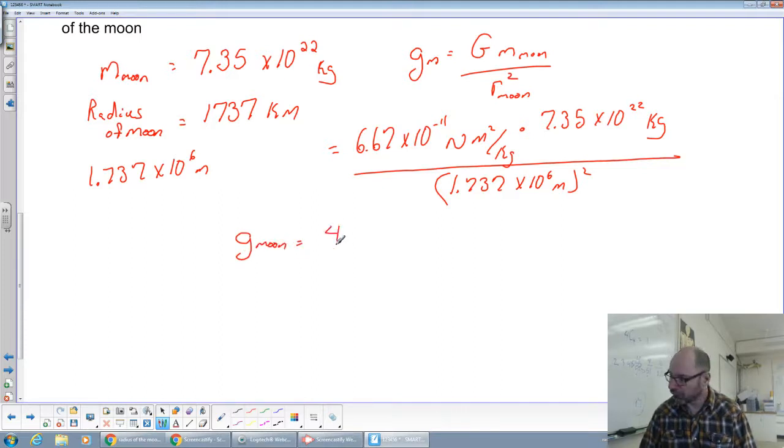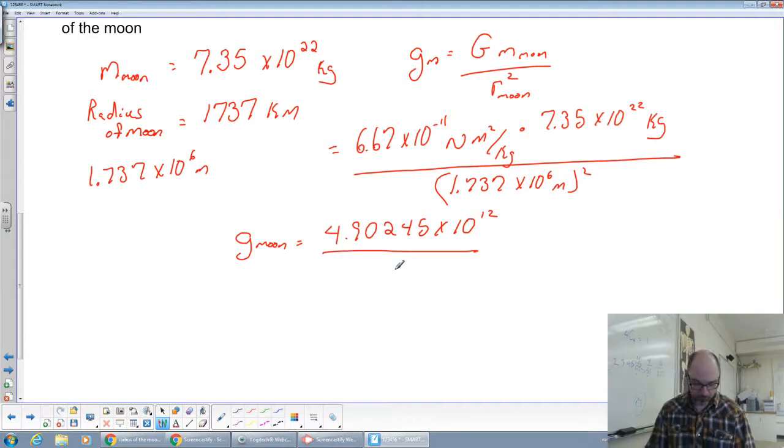Okay, so the top one is 4.90245 times 10 to the 12, all divided by 1.737, scientific notation 6, all squared, 3.017169 times 10 to the 12.